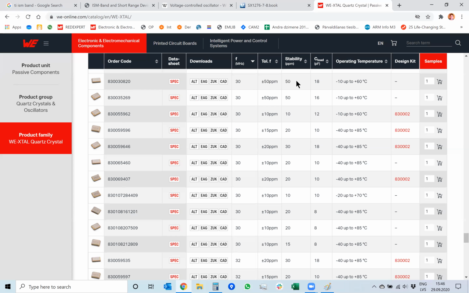To get kilohertz or hertz of precision, you need to multiply parts per million with the millions of hertz. So actually, it's not 50 parts in a million. It's actually 30 megahertz times 50 parts per million, which is 1500 hertz deviation. So let's put these numbers on paper.